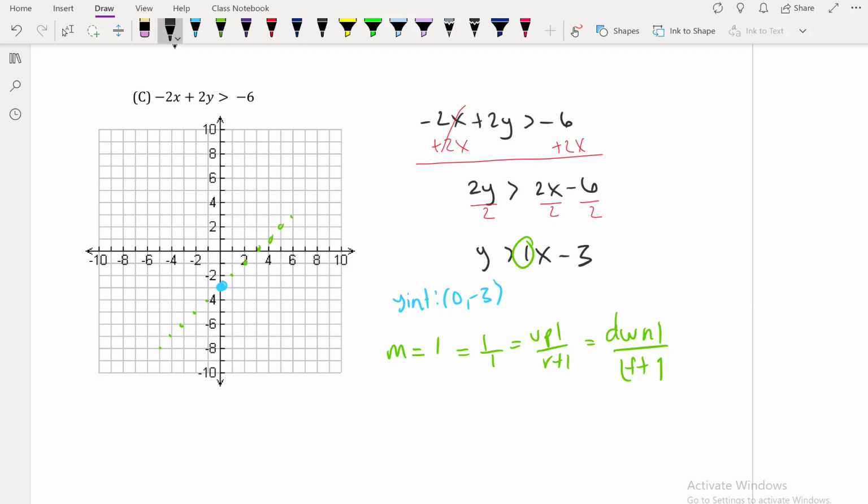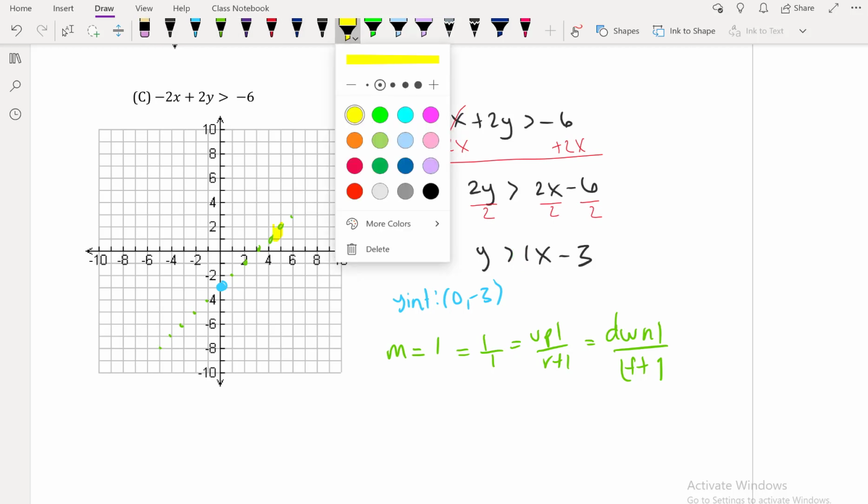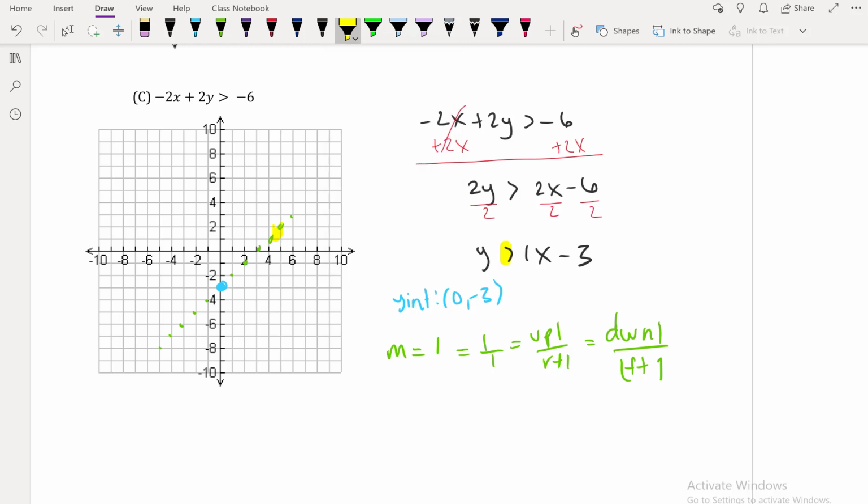And I know, because of the inequality, I have this greater than. So I really have y is greater than 1x minus 3, which tells me that it's going to be a dotted or dashed line. So it's broken up.